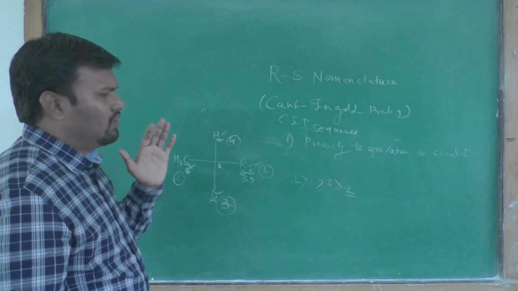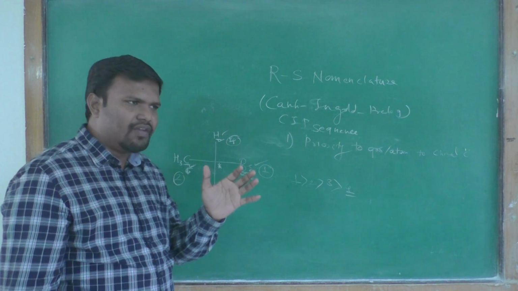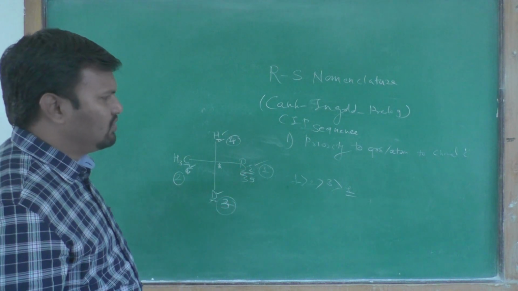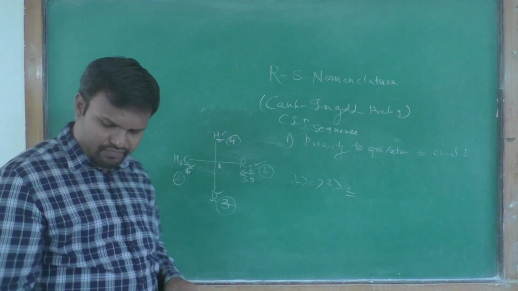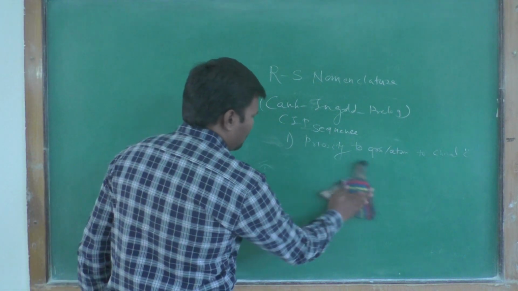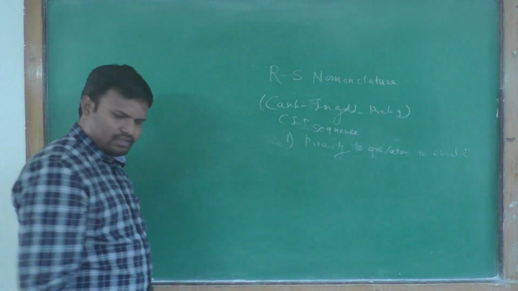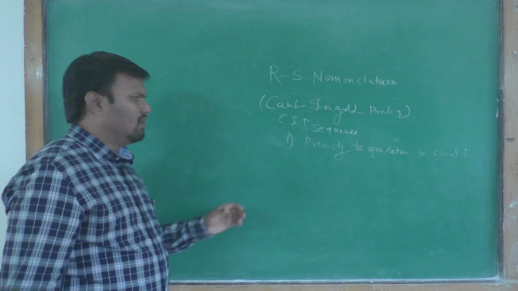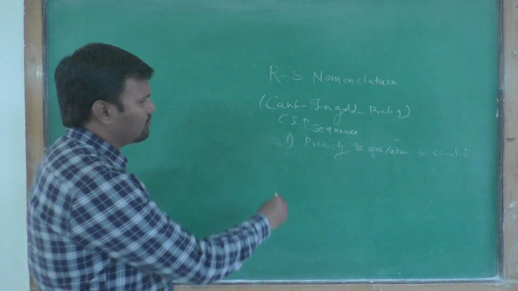And if there are isotopes, then the isotope having the higher mass is considered the highest priority. This is the first rule for giving the priority. Now the second rule.